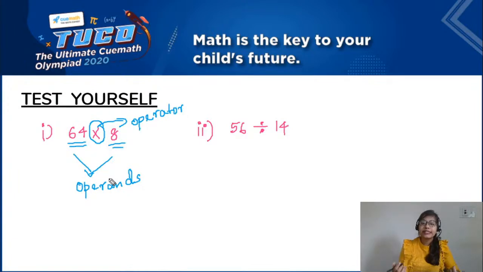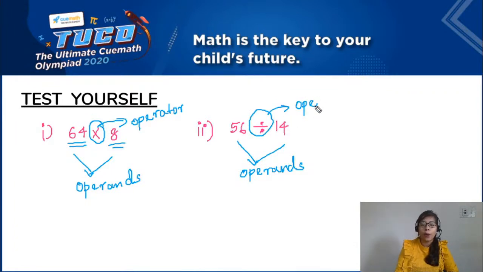So it's always the combination of operands and operators which gives you a mathematical expression, or which helps you to perform a mathematical operation. Similarly, for the second one, 56 and 14 are the operands and division is the operator. So division connects these two operands and performs the operation.